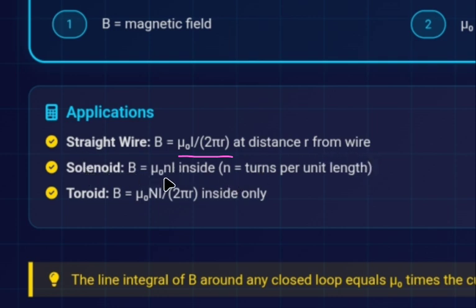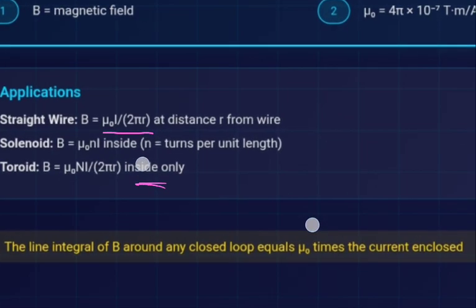For solenoid it is mu naught nI inside. Outside it is nearly equal to 0. And for toroid, it is mu naught NI by 2 pi r inside only. The line integral of B around any closed loop equals mu naught times current enclosed.